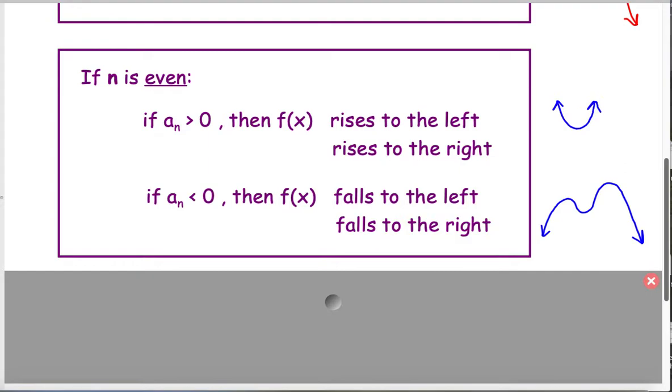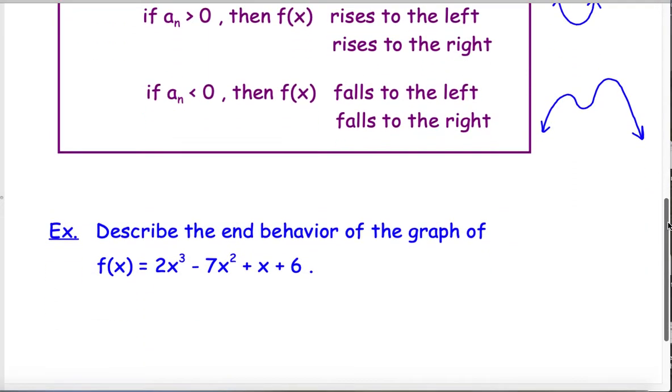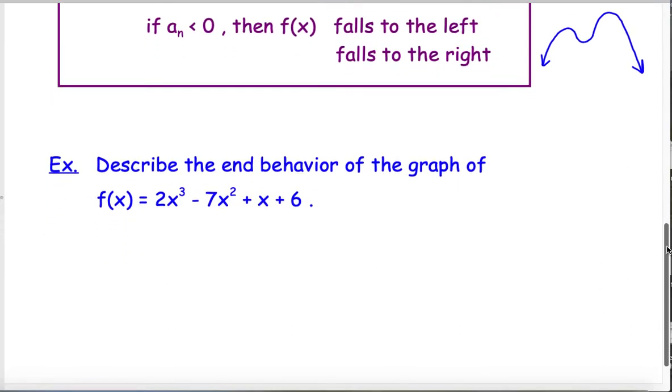All right, let's look at an example just to make sure you understand this, because it really is a pretty easy concept, although with all the writing and words it seems more complicated. Describe the end behavior of the graph. First of all, let's identify: it's an odd power, so the highest degree is an odd number. Then we look at the leading coefficient, and that's a positive value.